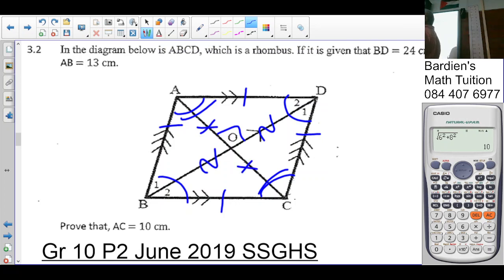Last one. Diagonals bisect the vertex angle. So by just telling us that it's a rhombus, all these things should pop into our heads.